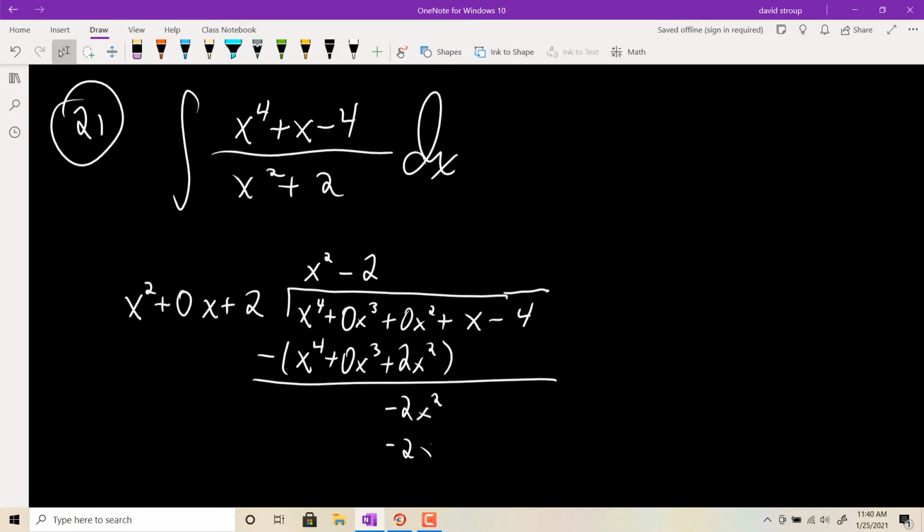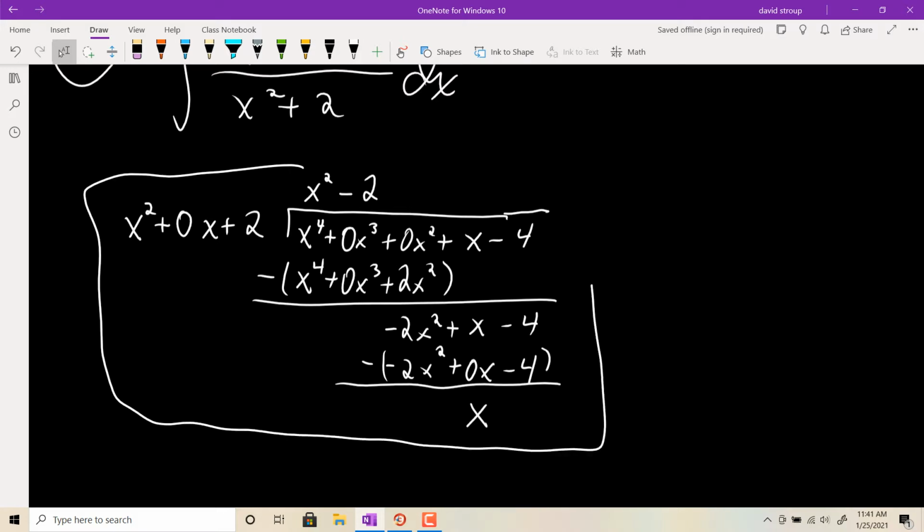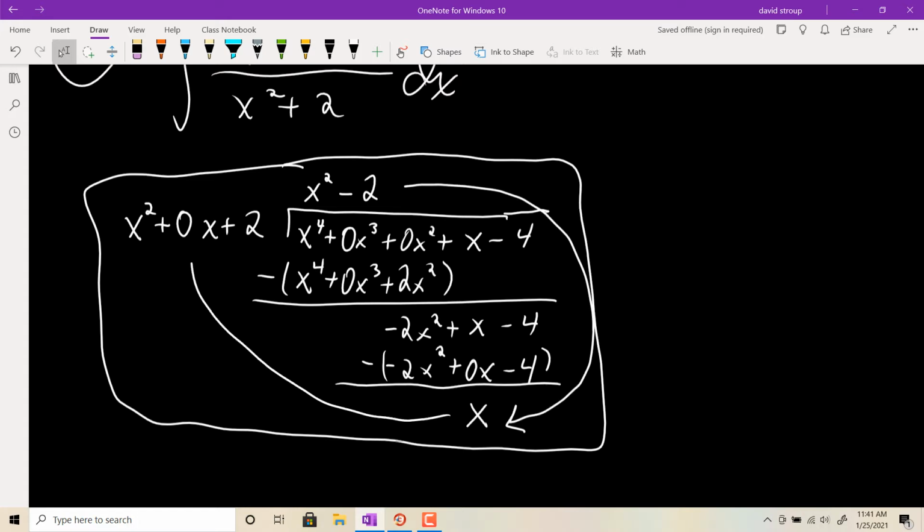So I get negative 2x squared plus 0x minus 4. And then we subtract again. Don't forget to distribute the negative there. So 0x squared, and then 1x, and then 0 for the constants. And then to rewrite the integrand, it's x squared minus 2 plus x all over x squared plus 2.